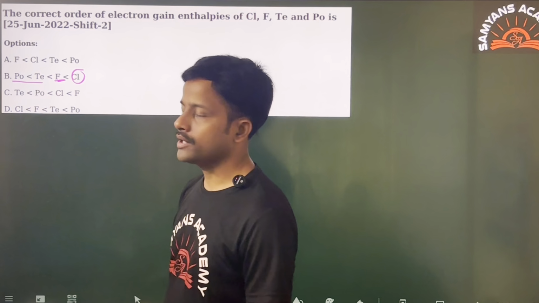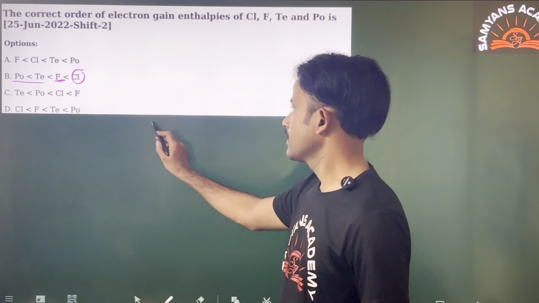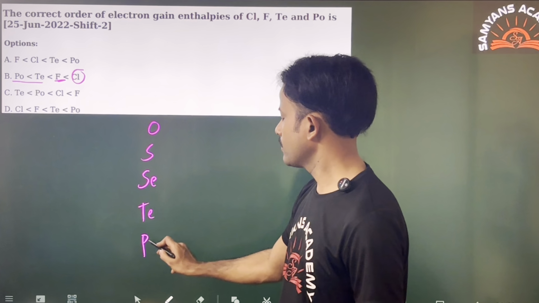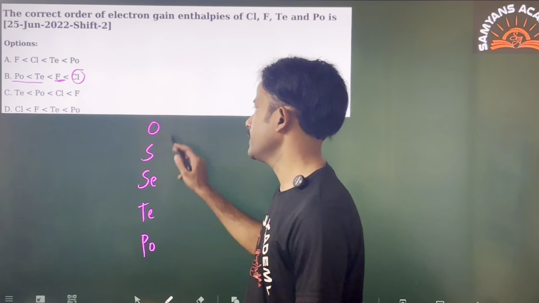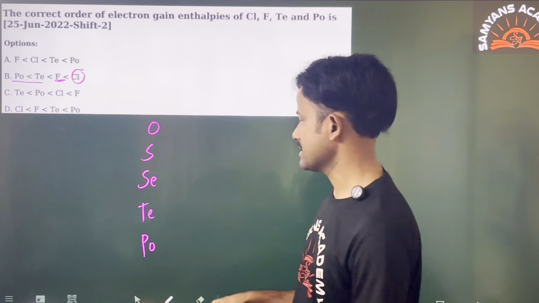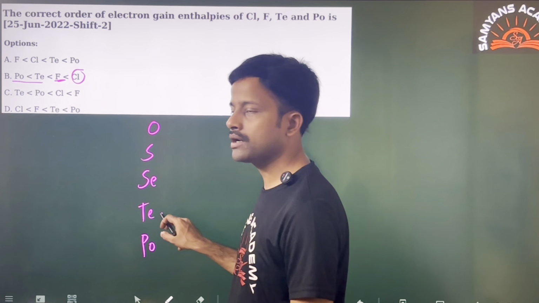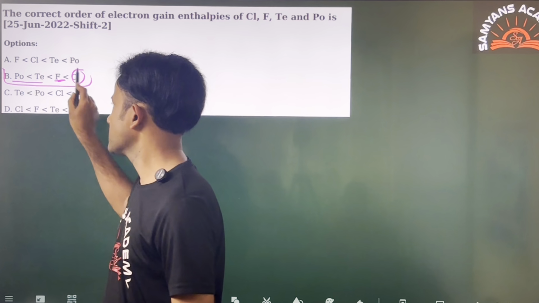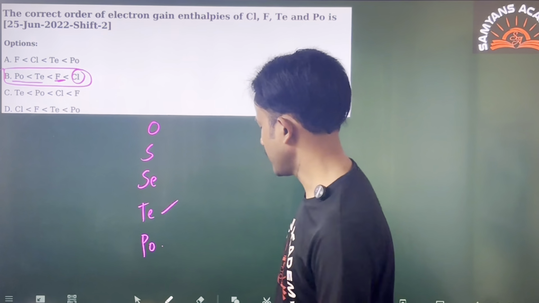Then oxygen, sulfur, selenium, tellurium, polonium. Down the group, electron affinity decreases. Means tellurium has more electron affinity than polonium. Answer B is matching. Clear?